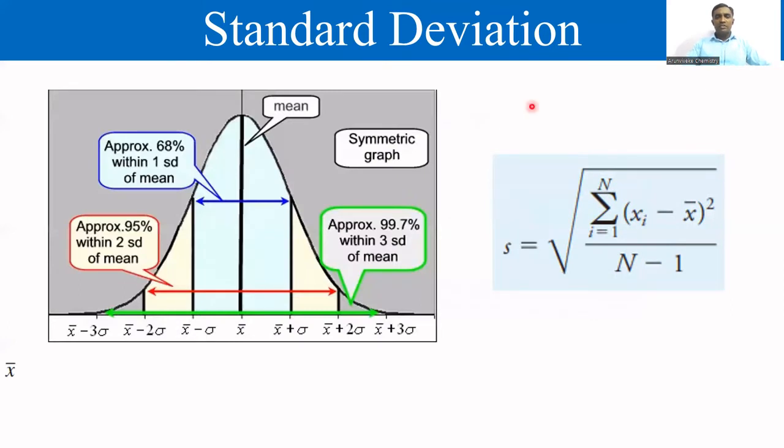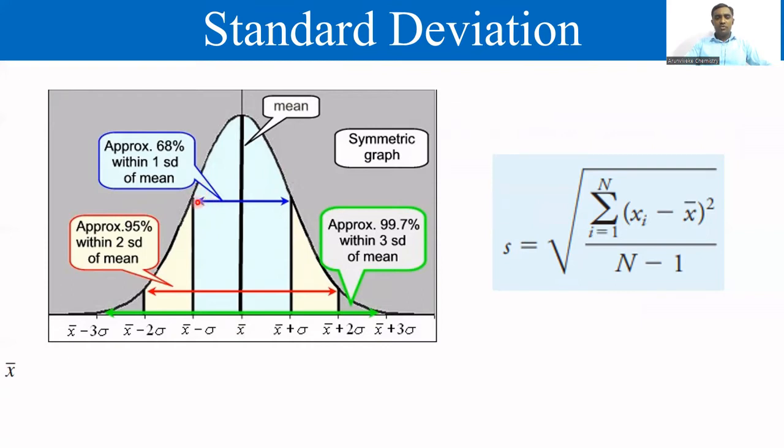A standard deviation can be represented graphically using a bell-shaped curve, which is also called a normal distribution curve. If you look at this curve, you can see that the central point along this bell-shaped curve is nothing but the mean or the average. You can choose different sets of data.